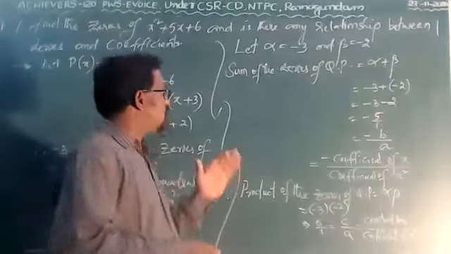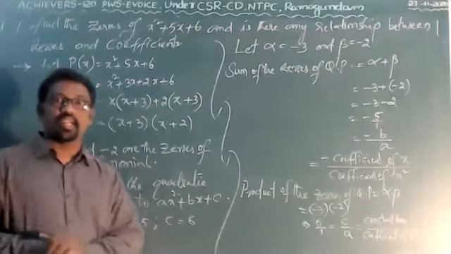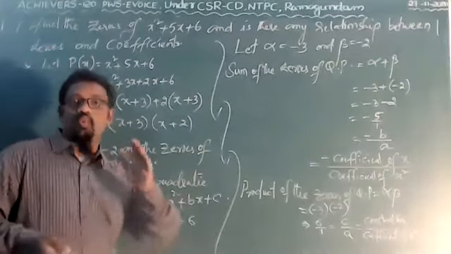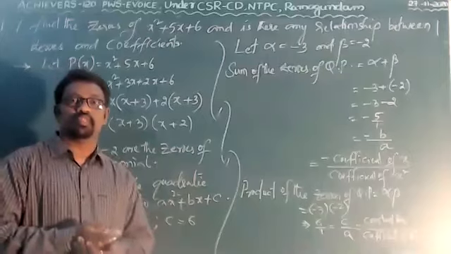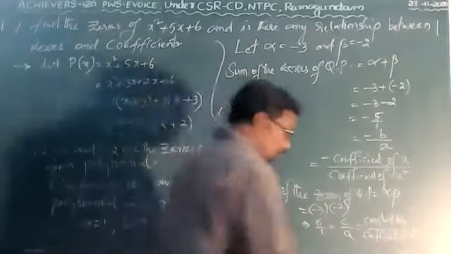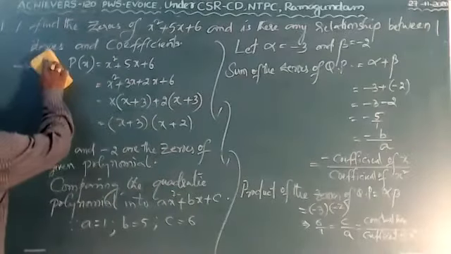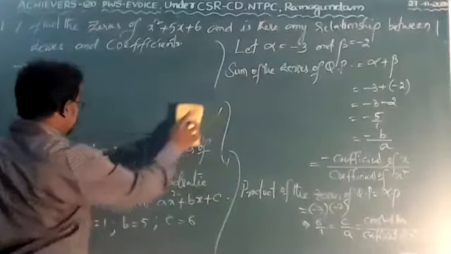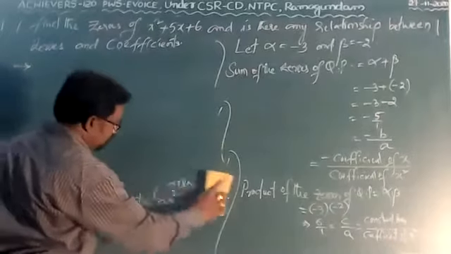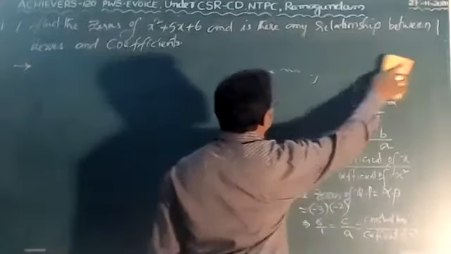Okay, children, so this is the quadratic polynomial relationship. It's clear? Or shall we go with one more problem? We'll see one more problem of the same kind, now with negative signs.